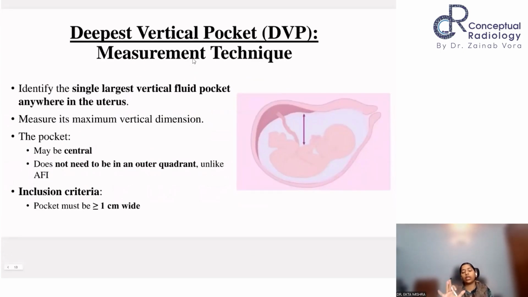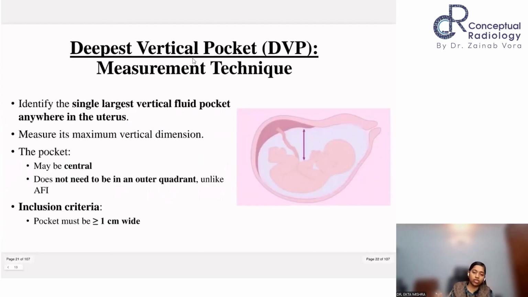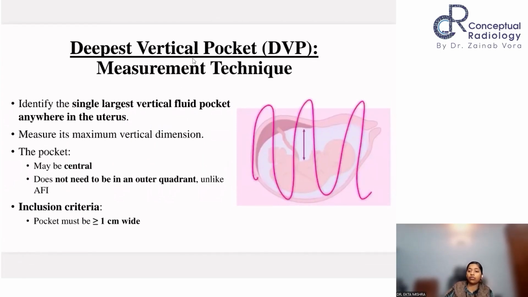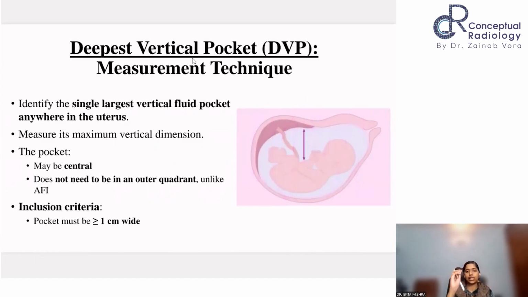In the deepest vertical pocket measurement, first of all, again, you will screen the entire uterus. You screened the entire uterus and you found this is the best pocket. So identify the single largest fluid pool and then measure it. Now, what is the difference between DVP and AFI measurement? The first and foremost is DVP can be there anywhere, especially central.